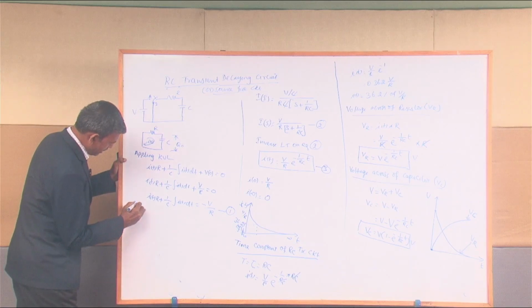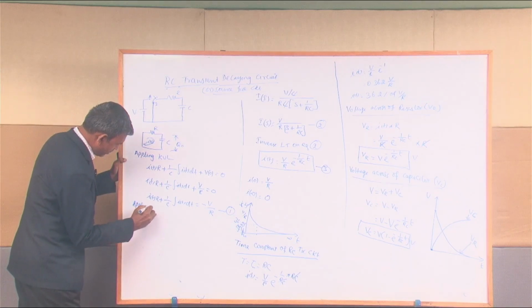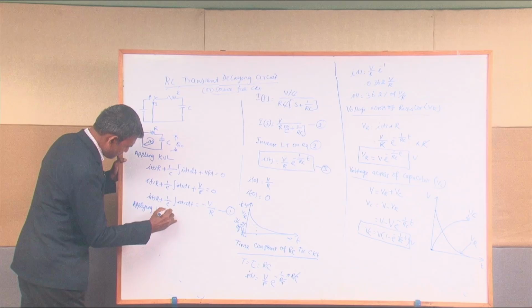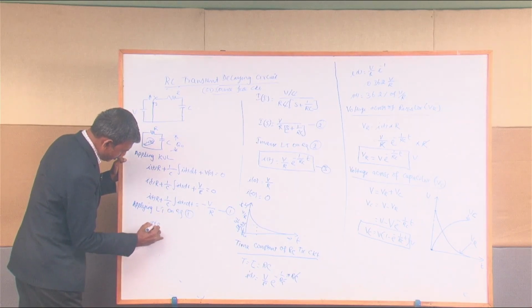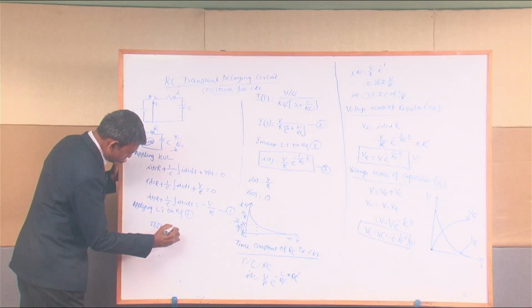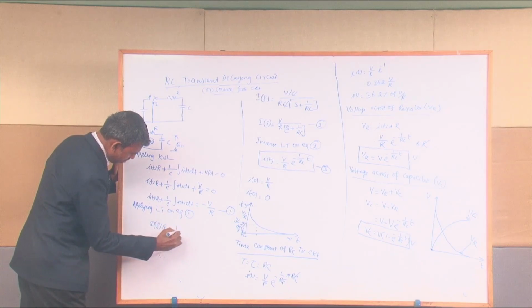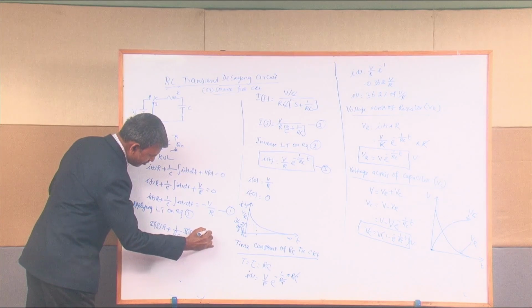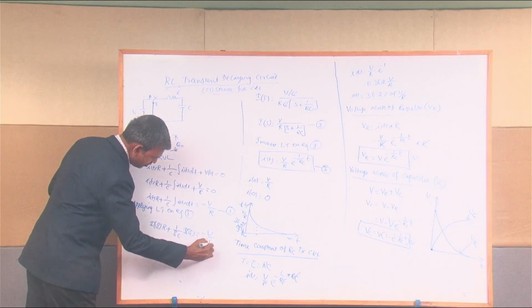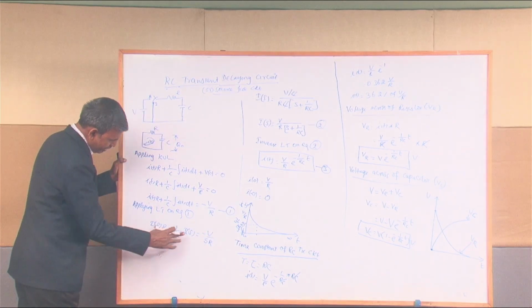Now we apply the Laplace transform on equation number 1. I of t is converted into I of s into R, plus since the integral is there, 1 by sC into I of s, equal to minus V by s into R. We need I of s.